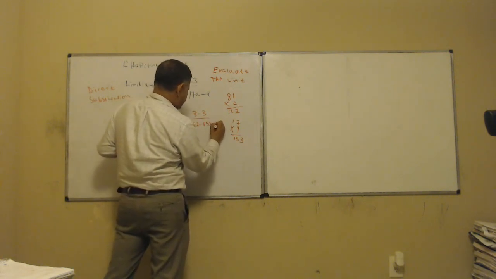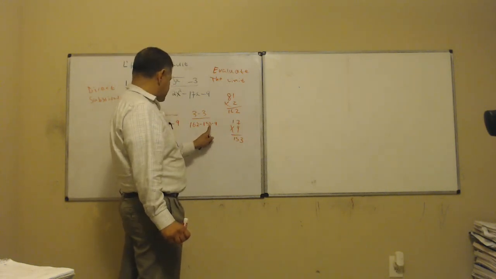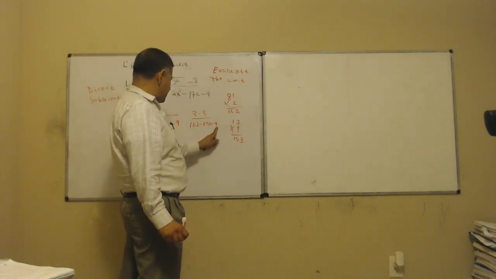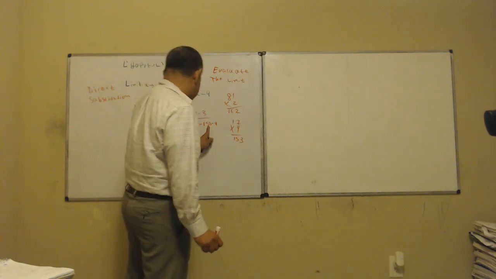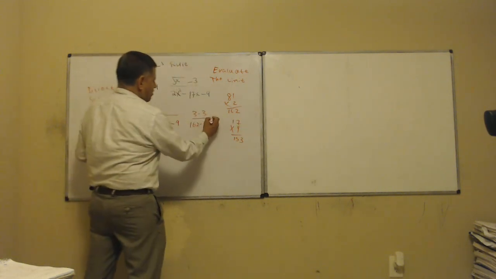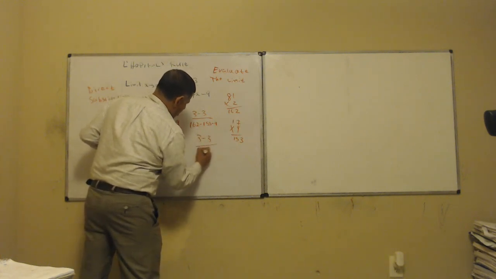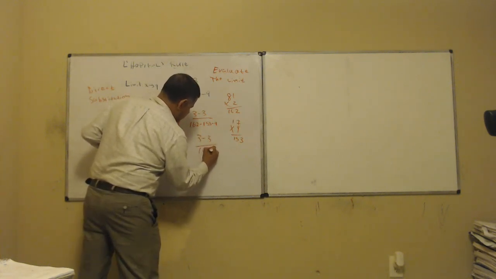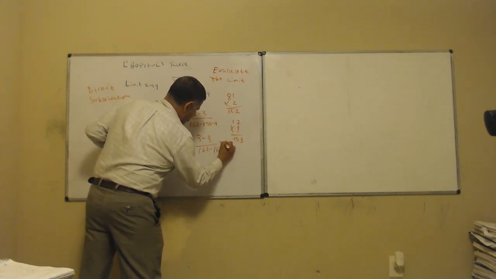You take that 9 and add it to this, and it's 162 minus 162. So 3 minus 3 over 162 minus 162 is equal to 0 over 0.